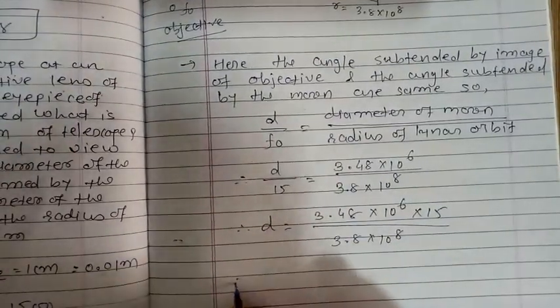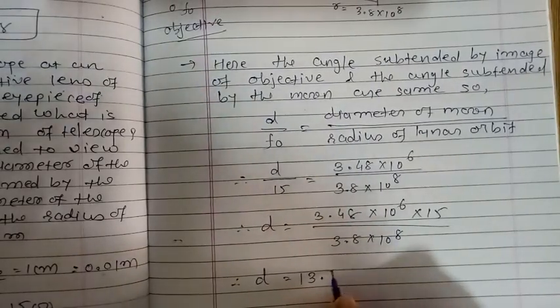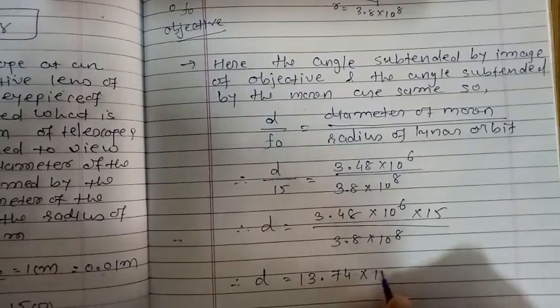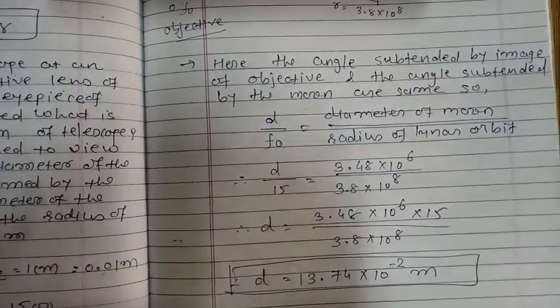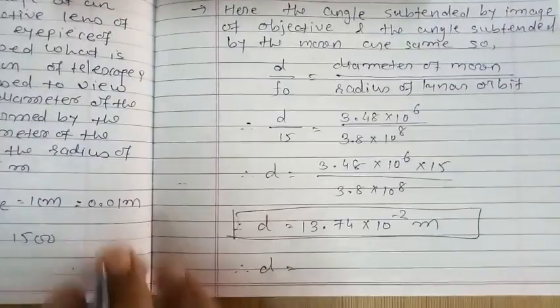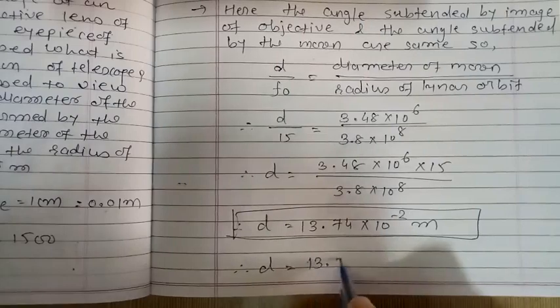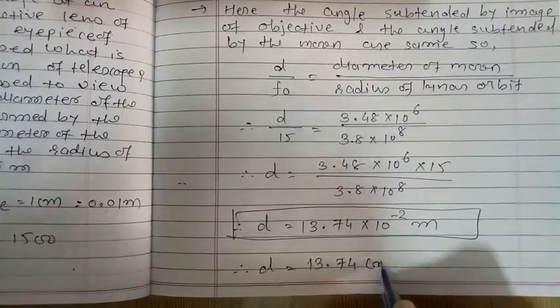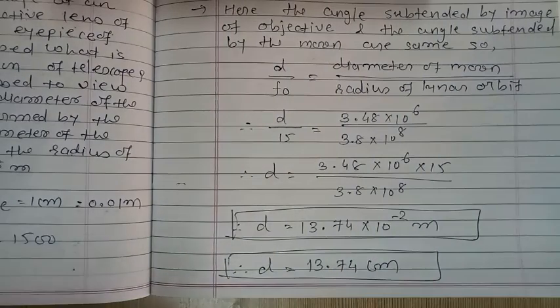So here we get d is equal to 13.74 into 10 raised to minus 2 meter, or we can say 1 meter is equal to 100 centimeter, so 13.74 centimeter, right? Okay, thank you.